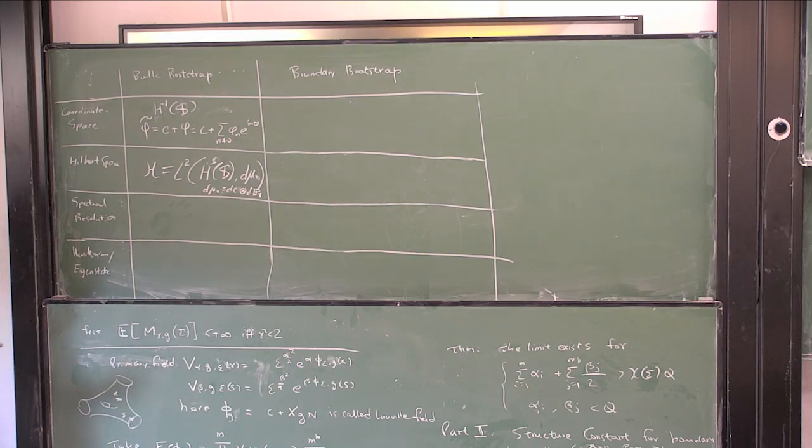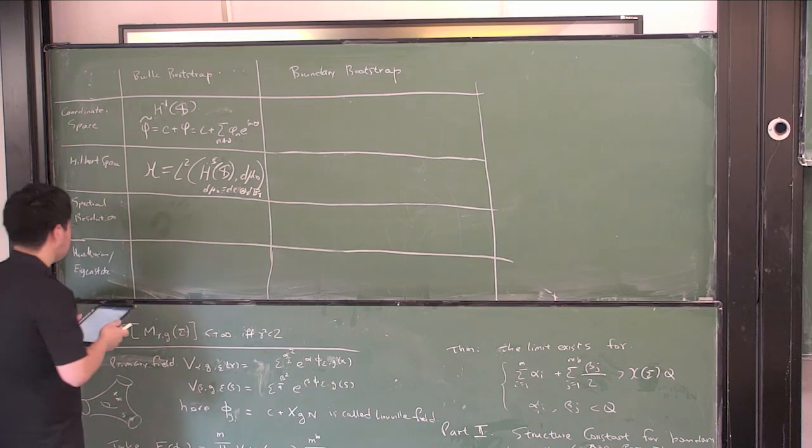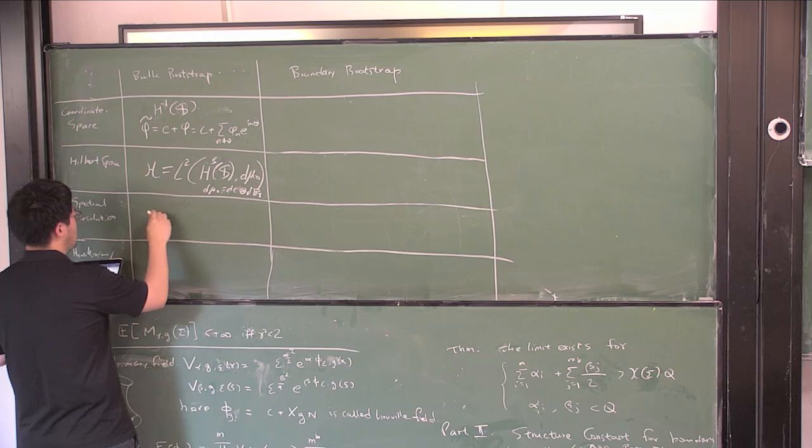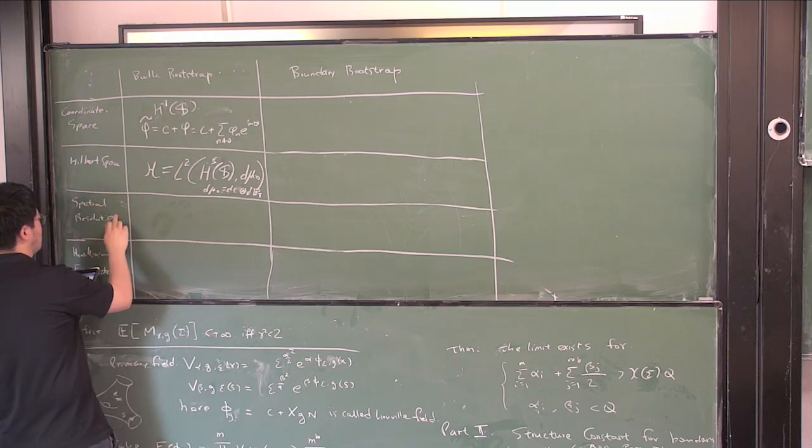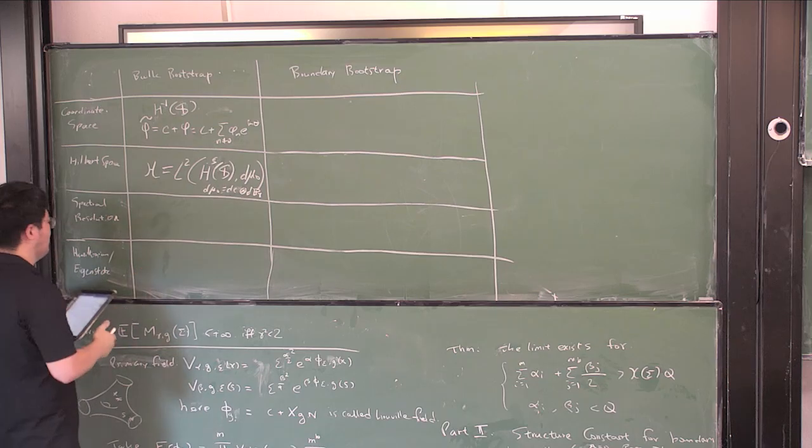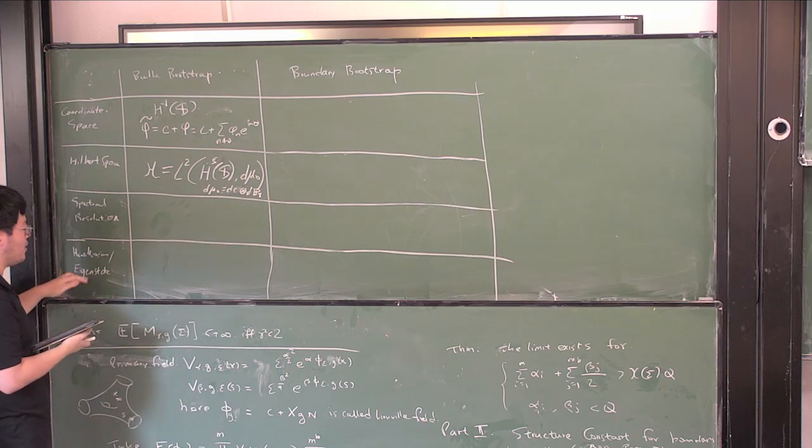Actually, this corresponds to, in the bulk case, we have the holomorphic Virasoro algebra and the anti-holomorphic Virasoro algebra. And I introduce the notation of the Hamiltonian and eigenstate.